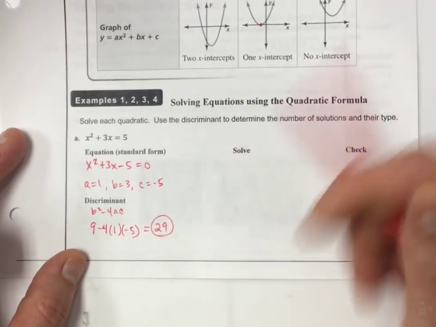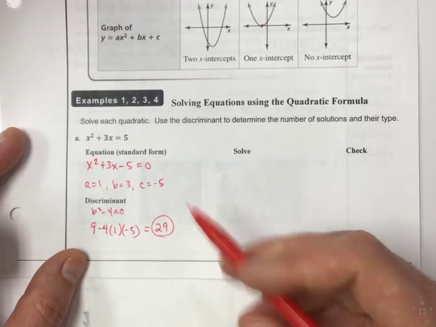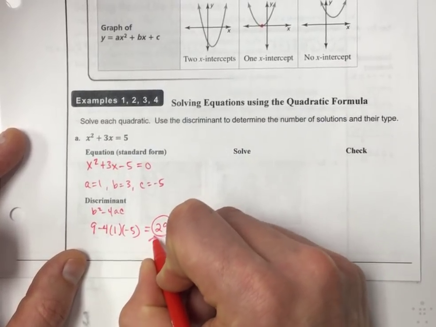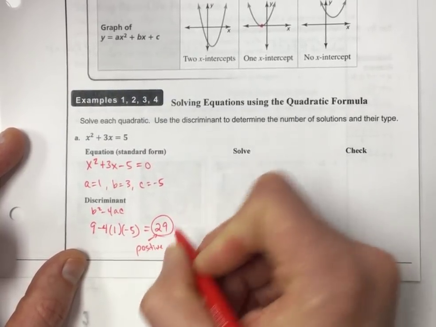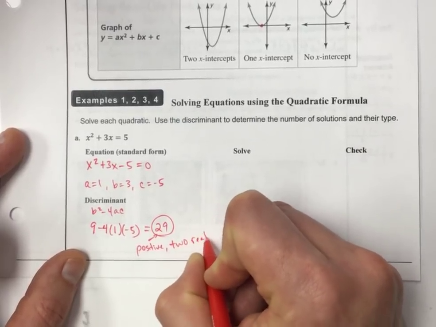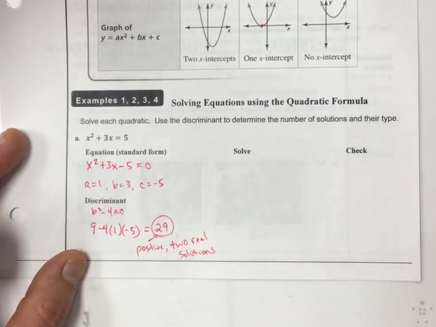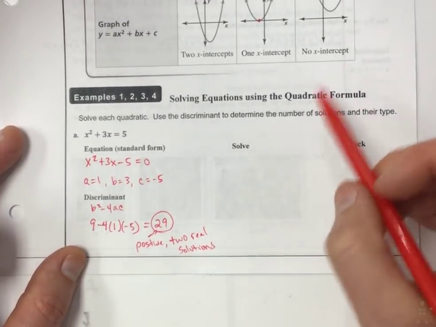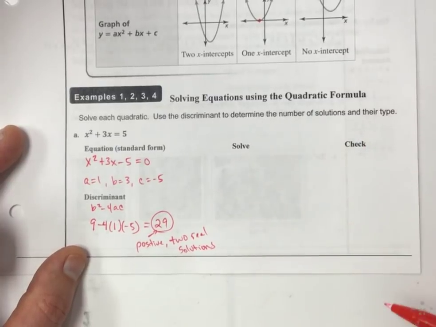And I could check this. I could just graph this standard form equation, and I would see 2 x-intercepts. So because the discriminant is positive, I know that I will have 2 real solutions. So that's answering this part. Determine the number of solutions and their type.